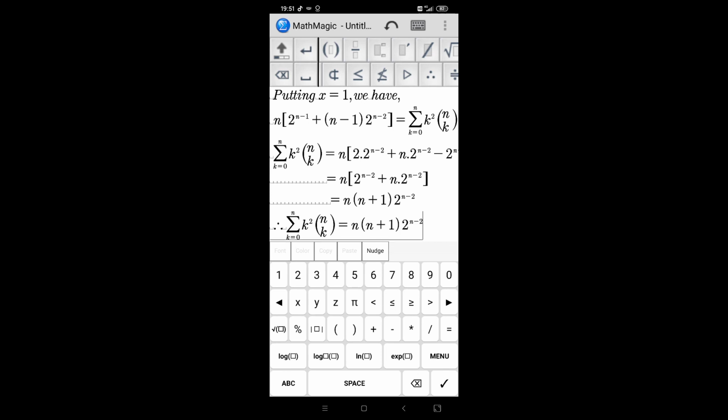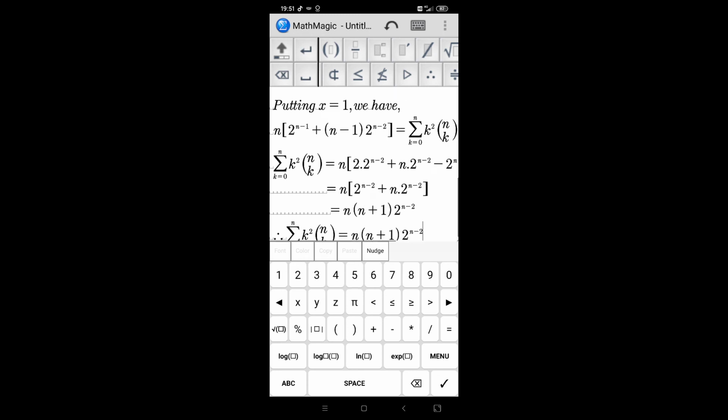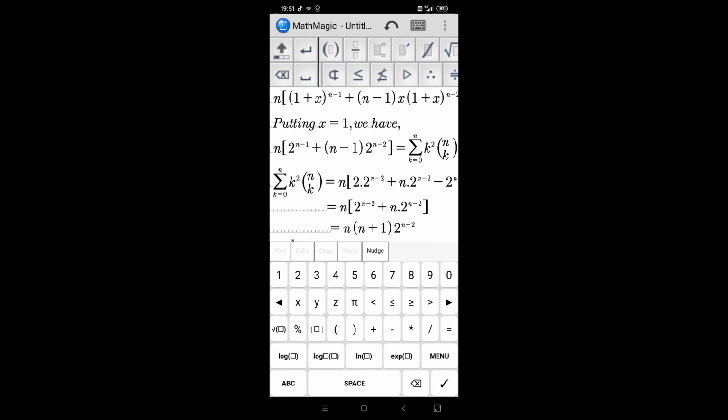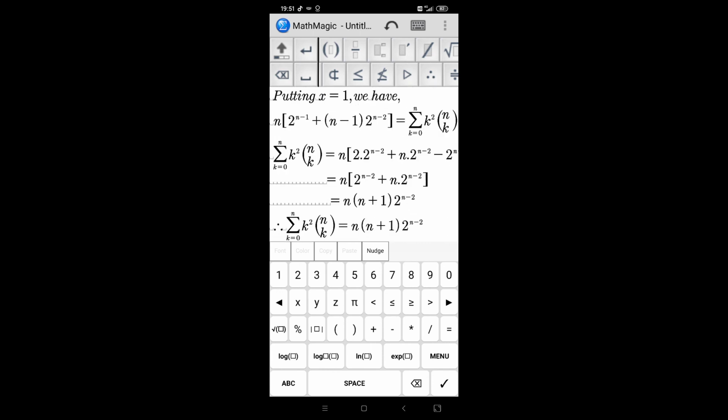So here, if you see all three of the identities, we can generalize it.